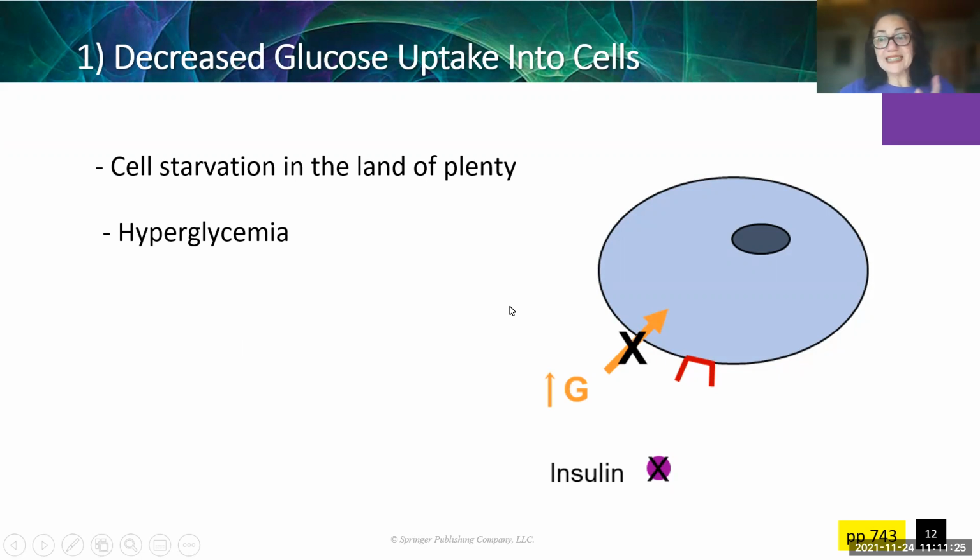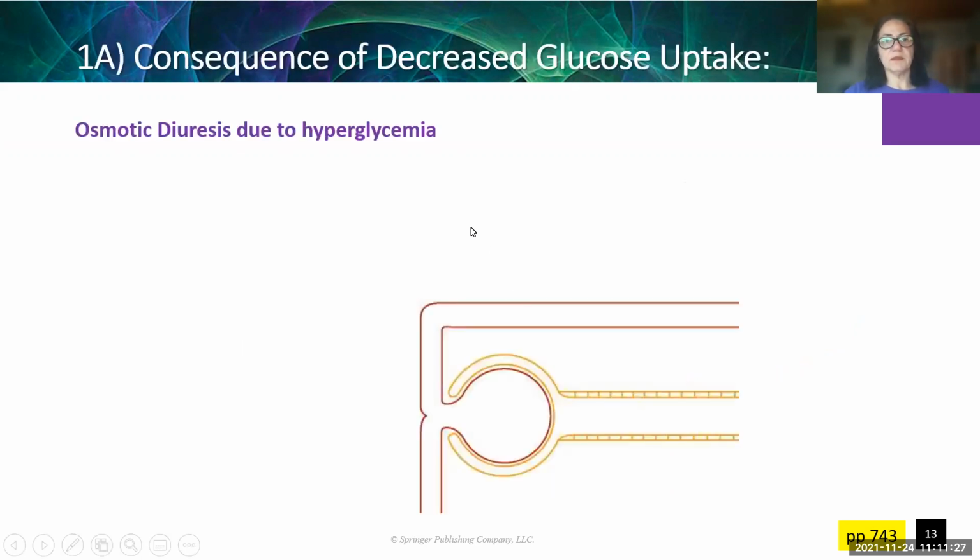Okay. Related to this is one of the consequences, and we see the problem in the kidney. The problem is called osmotic diuresis, which means that we're losing fluid in the urine due to the concentration of glucose in the tubule. I think I've shown you this diagram before.